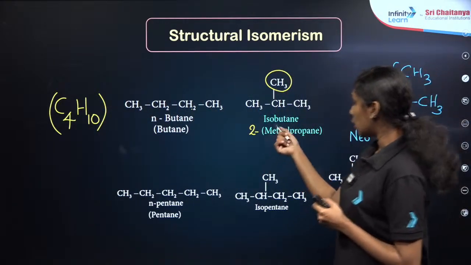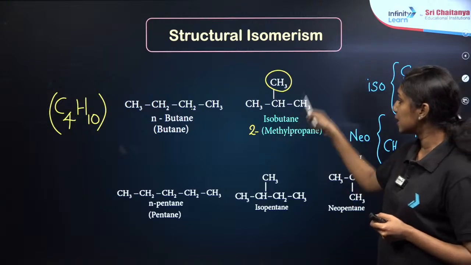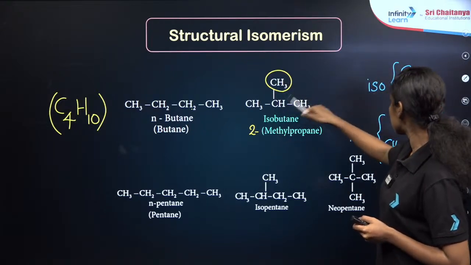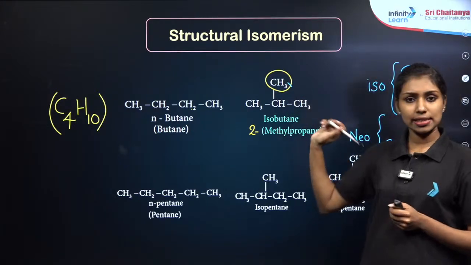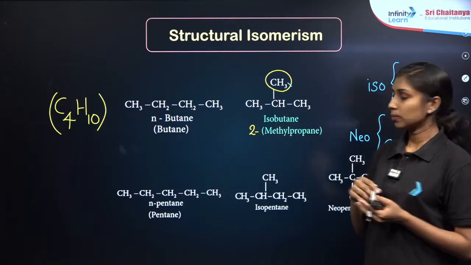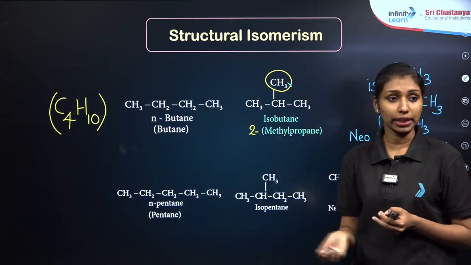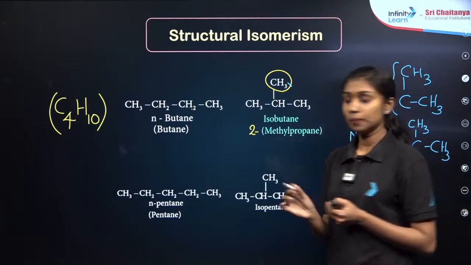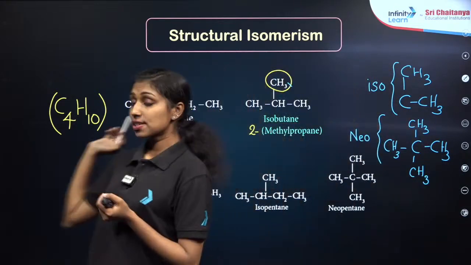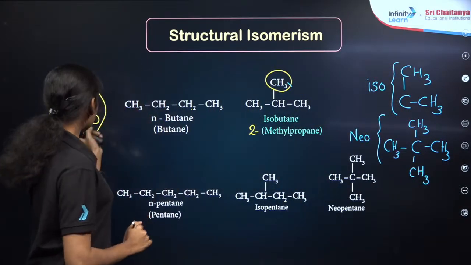So in this particular compound, 2-methylpropane, you can see that there is a CH3 part present. So I can call this compound isobutane. This is a common name. Clear? So these are the structural isomers of the butane compound C4H10.